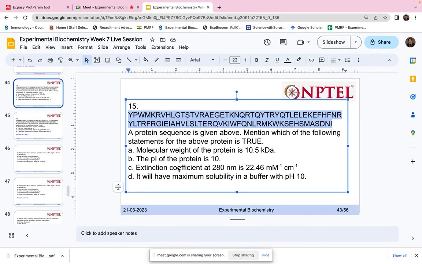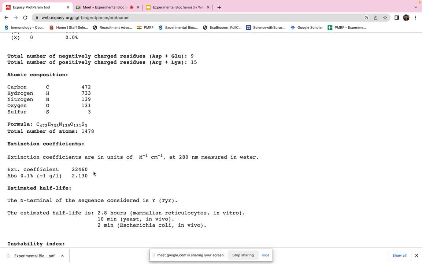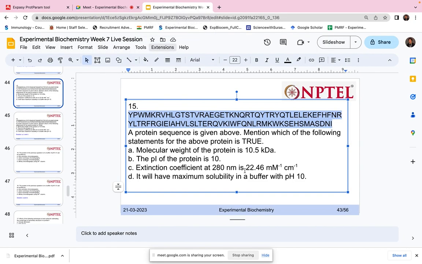Now the other point was the extinction coefficient 22.46 millimole inverse centimeter inverse. The extinction coefficient here was 22,460 in mole inverse centimeter inverse, so of course in millimole inverse centimeter inverse it is 22.46. So these options A, B and C are correct.